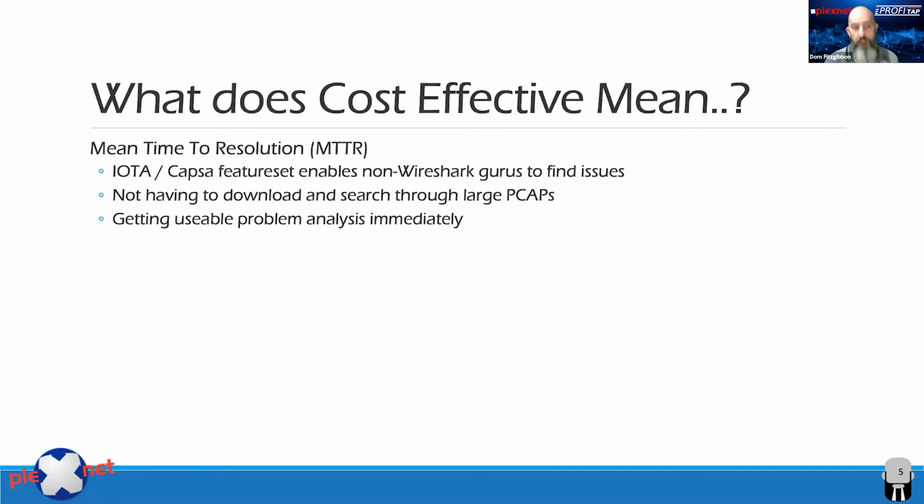If you have to get a Wireshark guru to go through megabytes or gigabytes worth of packet capture, that can take a long time. So a small capture device that can give you back-in-time features can help you get to mean time to resolution quickly.